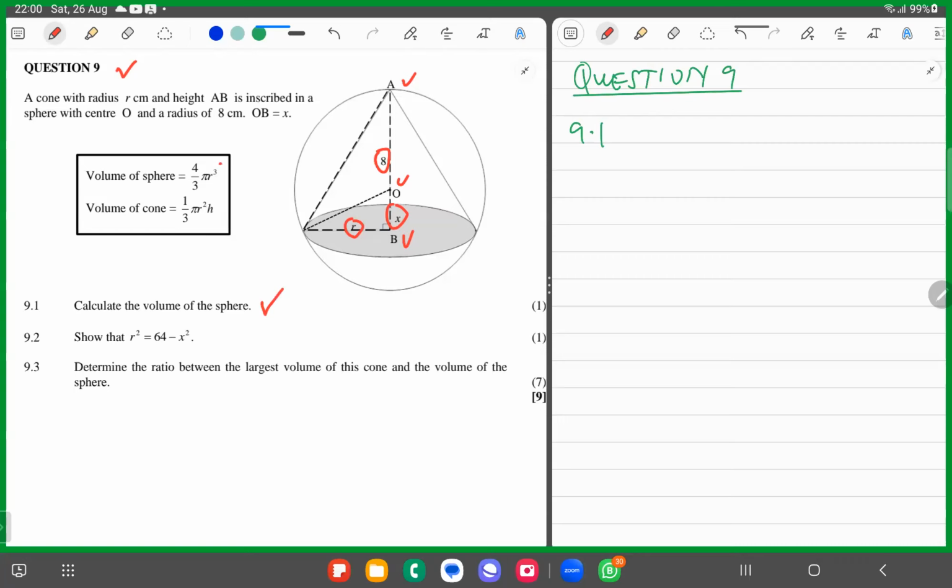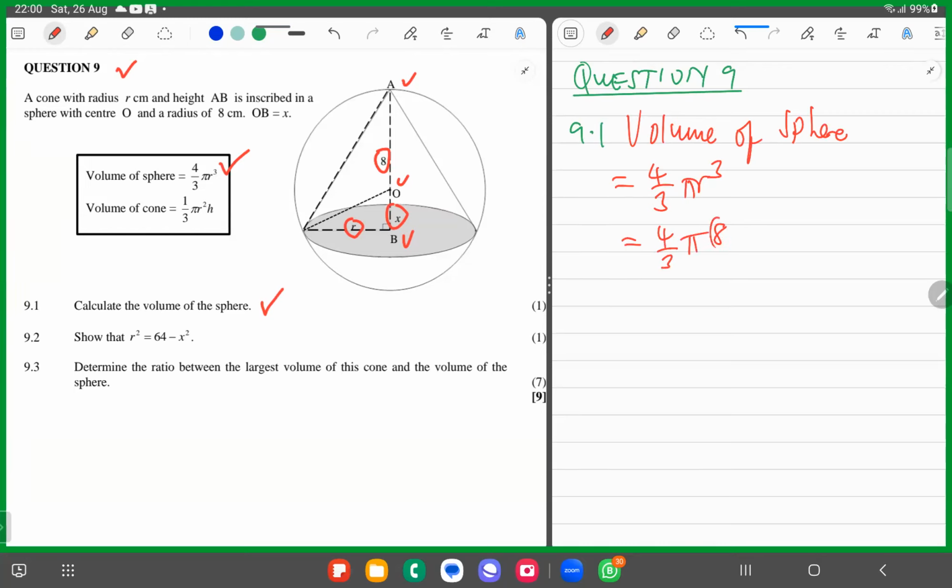The formula for the volume of the sphere is 4/3 pi r cubed, which means the volume of the sphere is 4/3 pi r cubed. What is the radius?